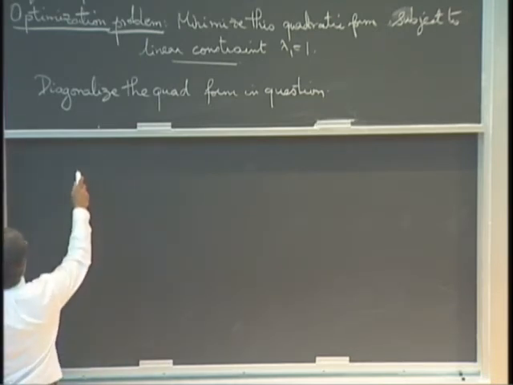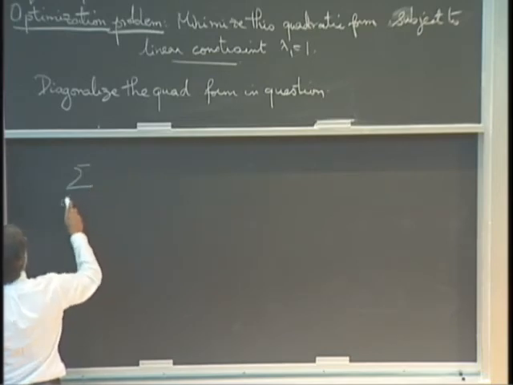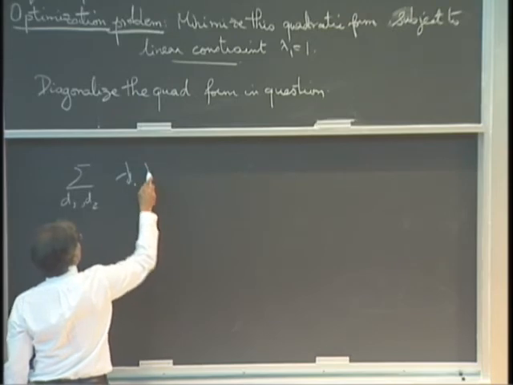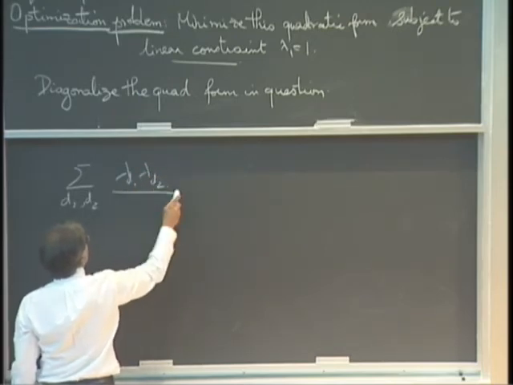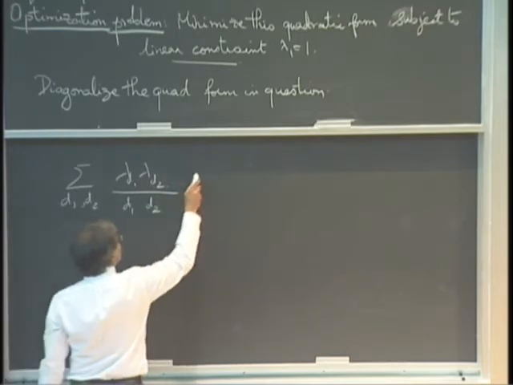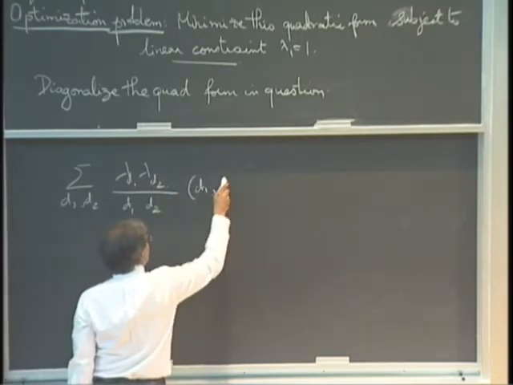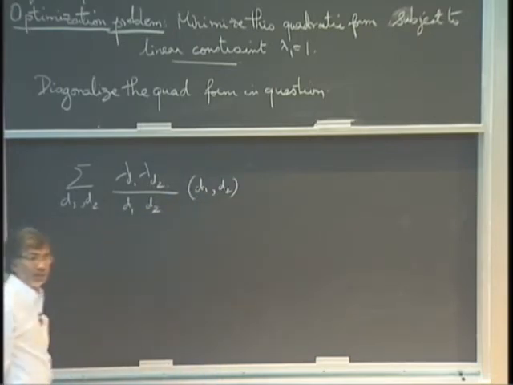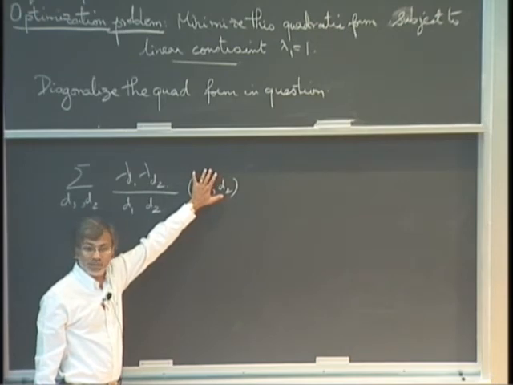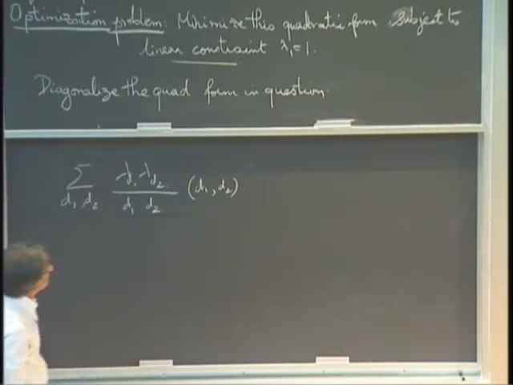My quadratic form is the sum over d1, d2 of lambda d1 lambda d2, divided by the LCM, which as we noted is d1 d2 divided by the GCD of d1 and d2. Without the GCD, it's already kind of diagonal. Right? It's just a square. So how does this GCD affect us?